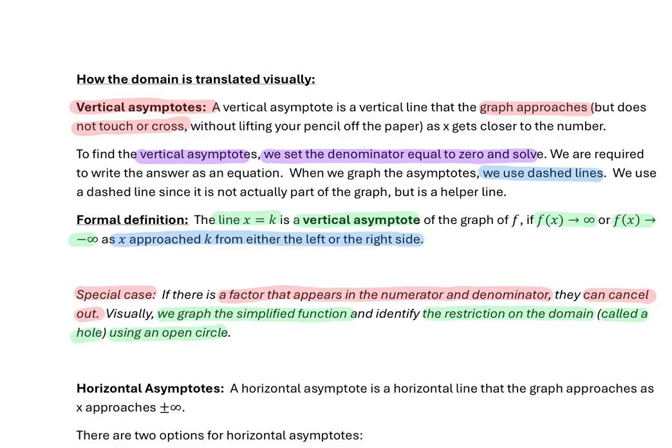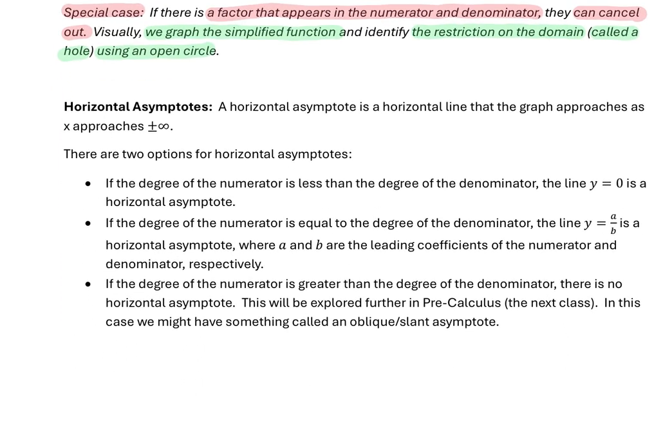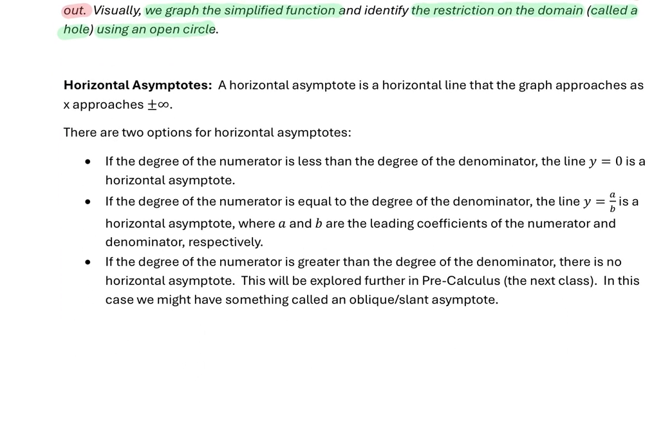Now, rational functions quite often also have something called a horizontal asymptote. A horizontal asymptote is a horizontal line that the graph approaches as x approaches positive or negative infinity, as x goes forever to the left or as x goes forever to the right.